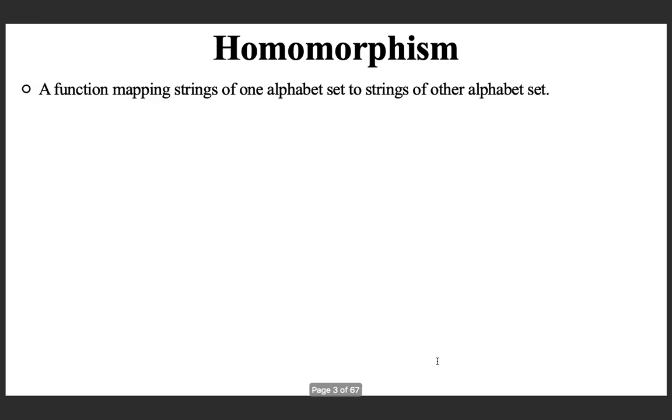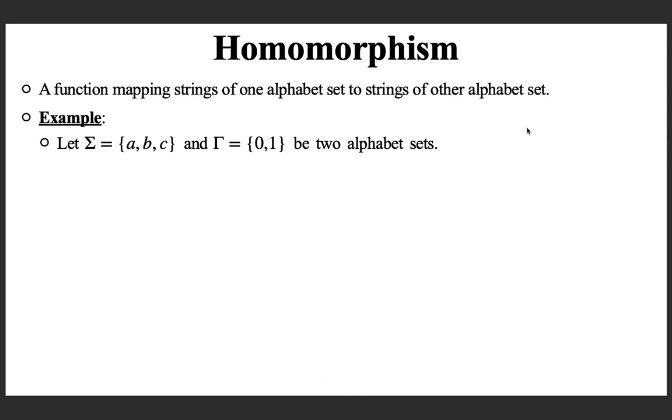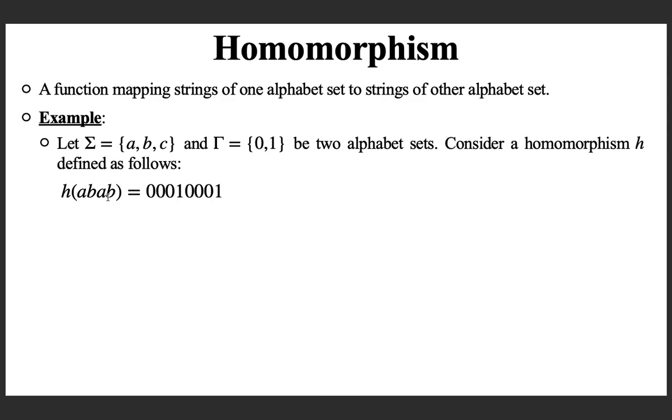As I said, a homomorphism is a function mapping strings of one alphabet set to the strings of another alphabet set. Example: let sigma be an alphabet set of three symbols A, B and C, and gamma be this binary alphabet set. Then you can consider an example homomorphism, which is a function defined as follows.